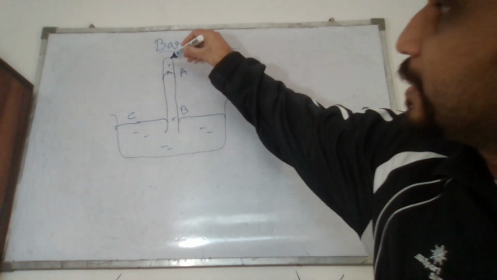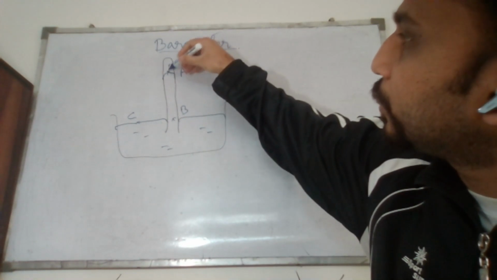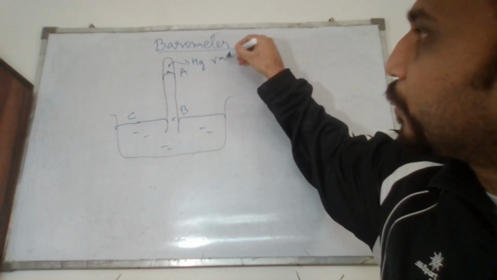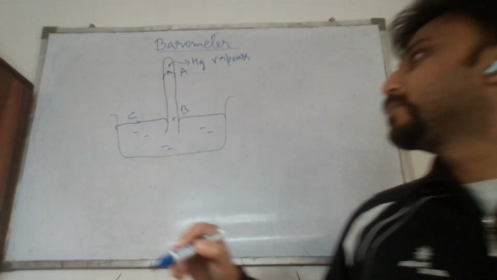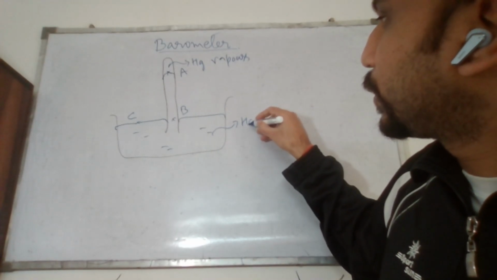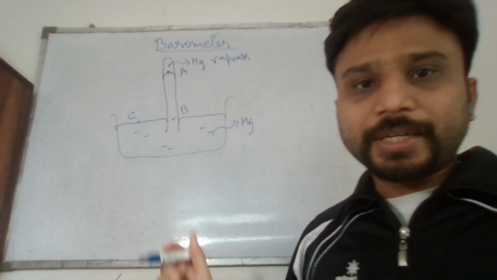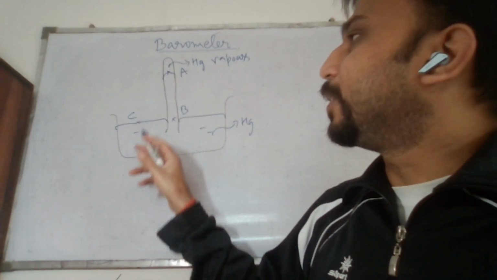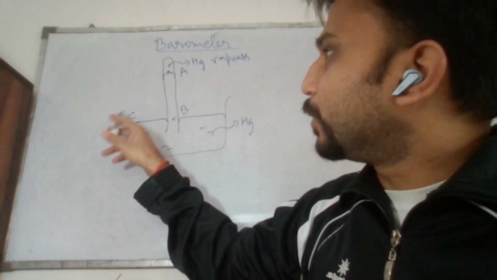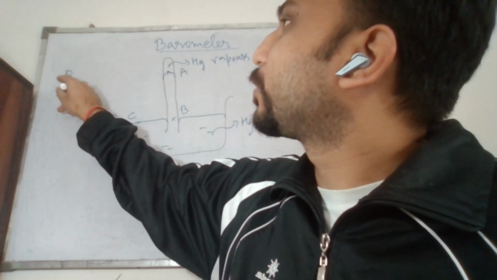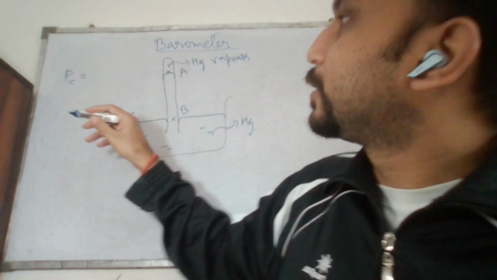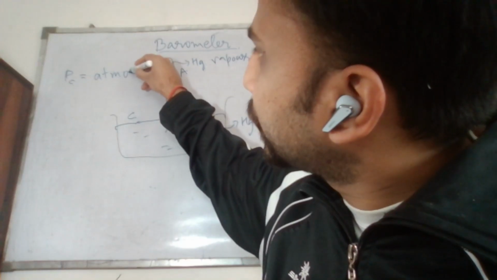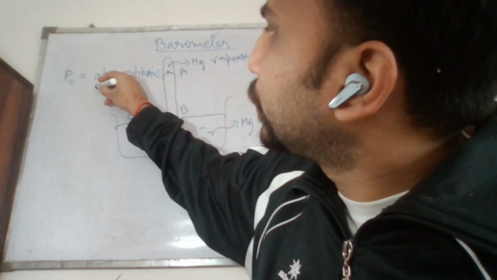Here we have said there is a vacuum created at the top. So it is basically mercury vapors. And this is mercury, and it is surrounded by atmosphere, and the atmosphere is exerting a pressure. So you know that the pressure exerted by the atmosphere at C is the same as atmospheric pressure.